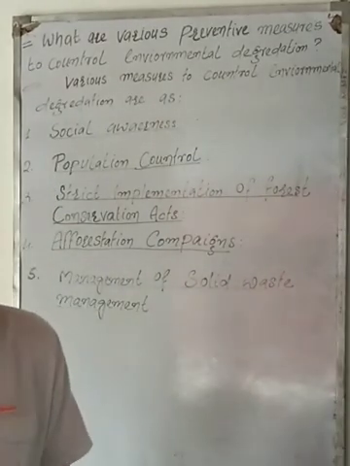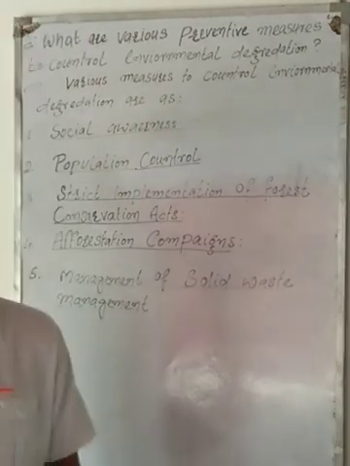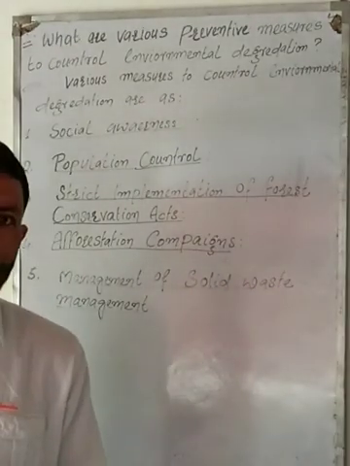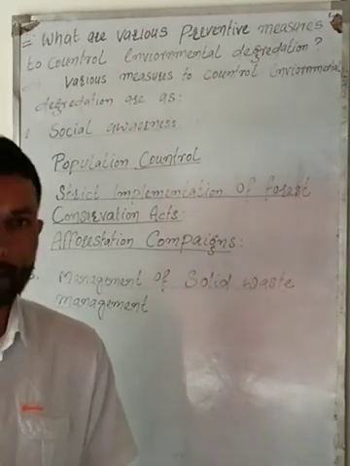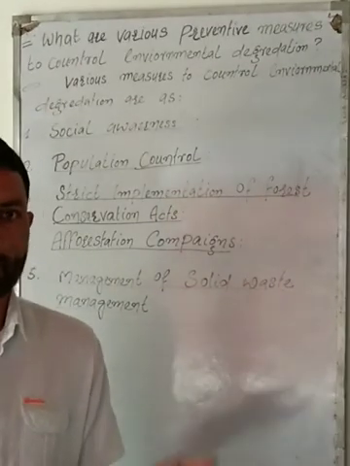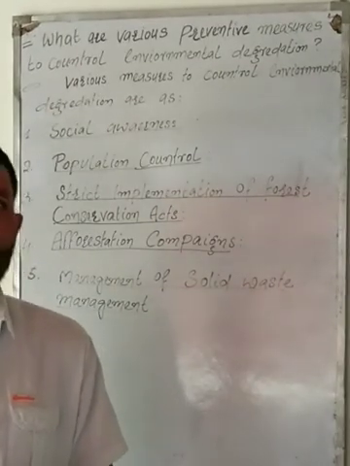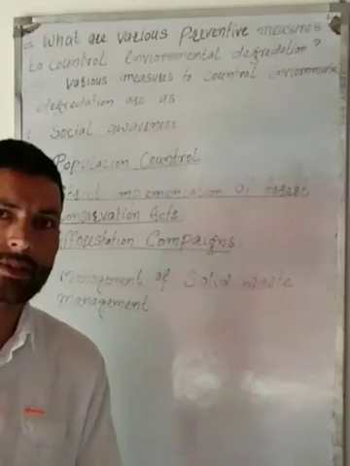which at an individual level we can take in order to make our environment safe, cleaner, and protect all aspects of environment, whether in terms of air, water, land, soil, or forests.